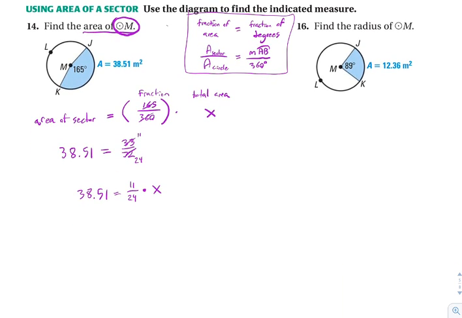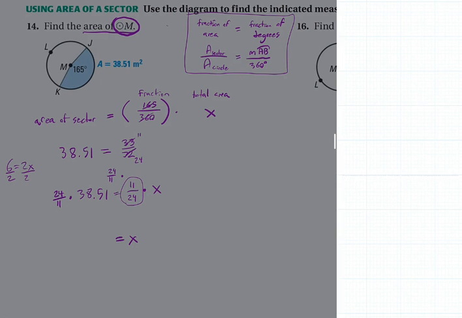So I could do it in one step by just, this is an analogous problem to 2x equals 6. You just divide by the number next to x. Here, the number we're dividing by would be an entire fraction, or dividing by 11 over 24 is the same thing as multiplying by 24 over 11. So multiply by 24 over 11, and there's your answer. So x equals, and then we're just going to figure out what that is.